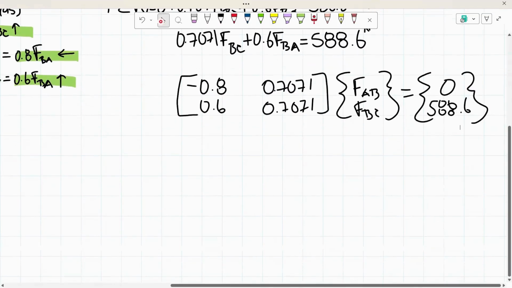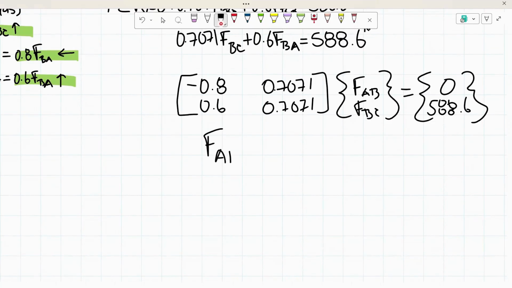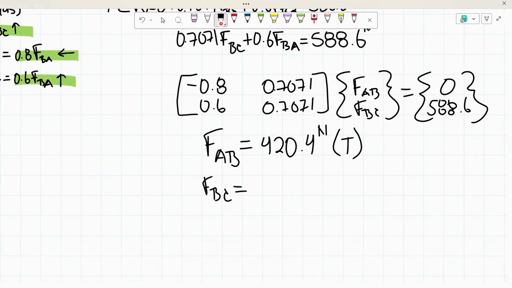So we plug that into our calculator, and plugging that into our calculator, we end up finding out that F of A of B is equal to 420.4 newtons in tension, since that is positive, and F of B of C is equal to 475.7 newtons, also in tension.